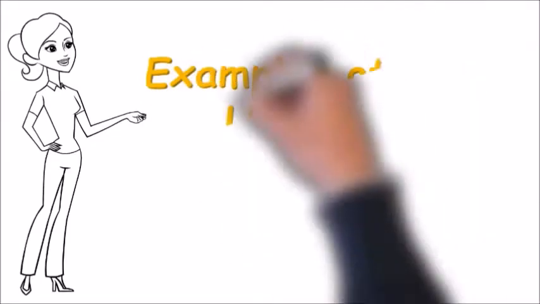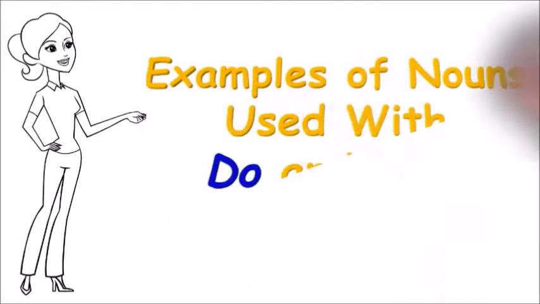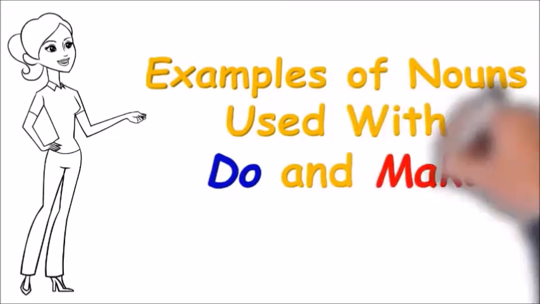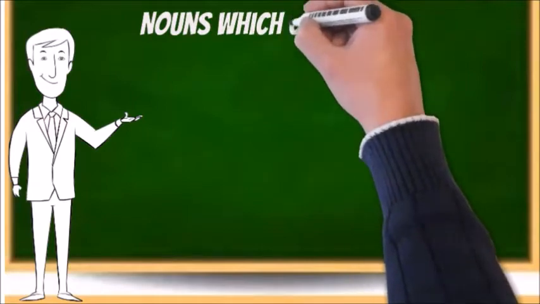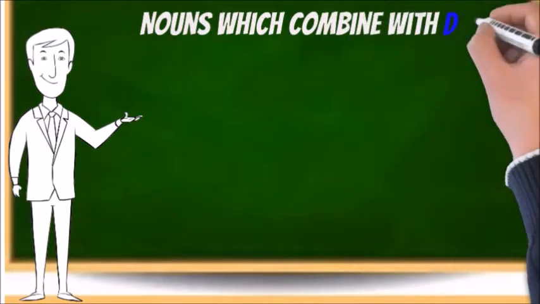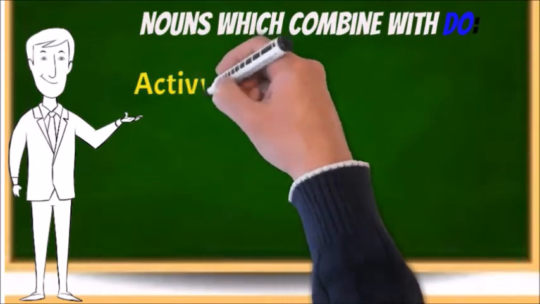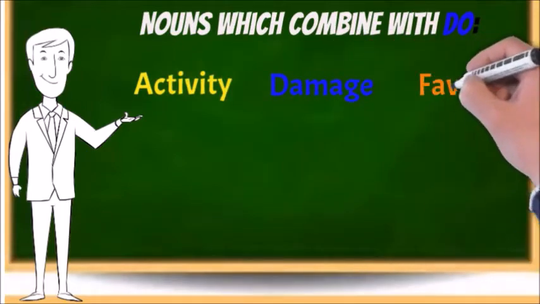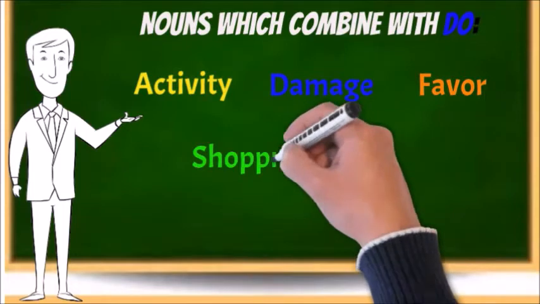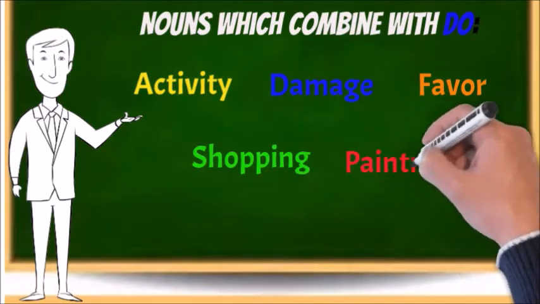Now here are examples of nouns used with do and make. Nouns which combine with do: activity, damage, favor, shopping, and painting.